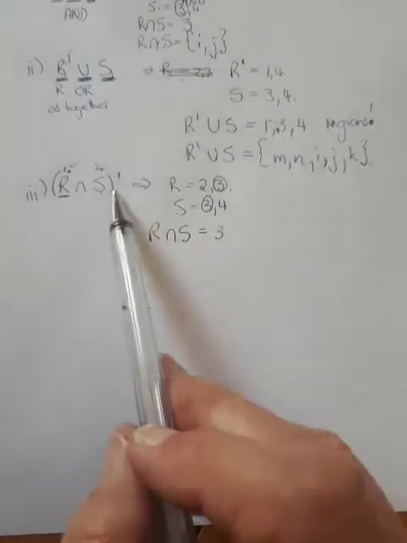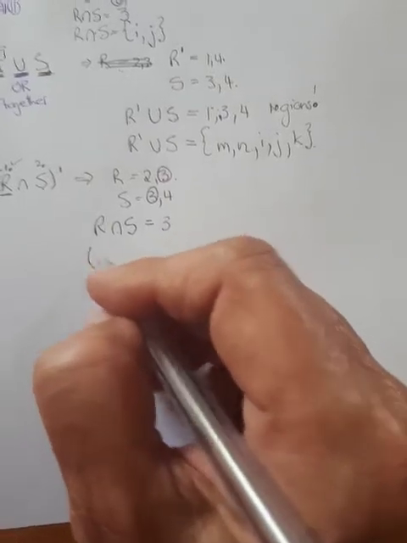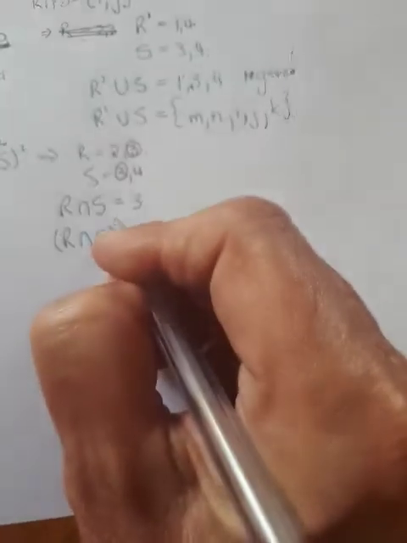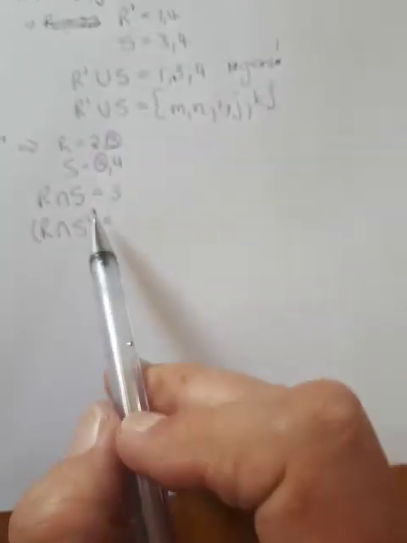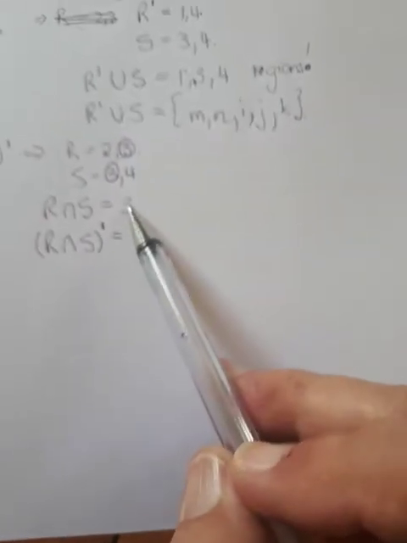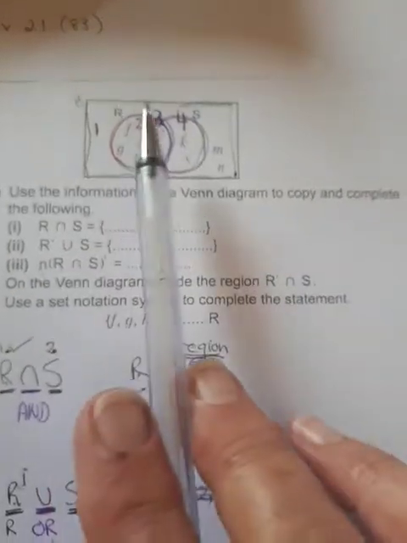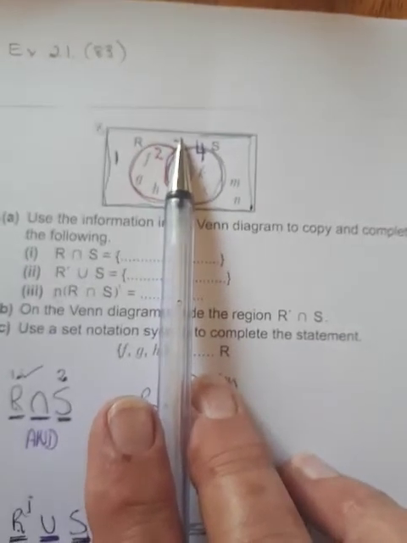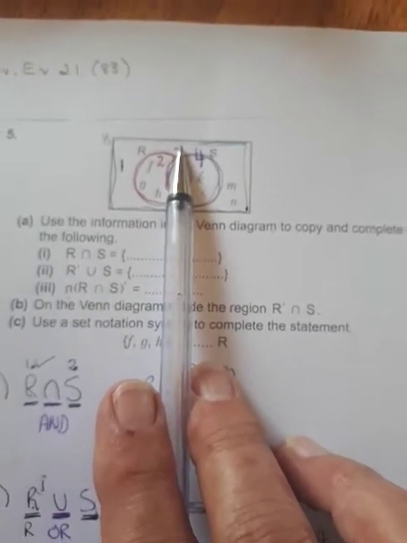But what they are asking is R intersection S complement. So that means everything that is not region 3. Not region 3 means region 1 and 2 and 4.